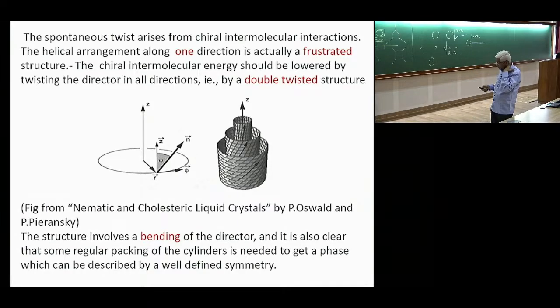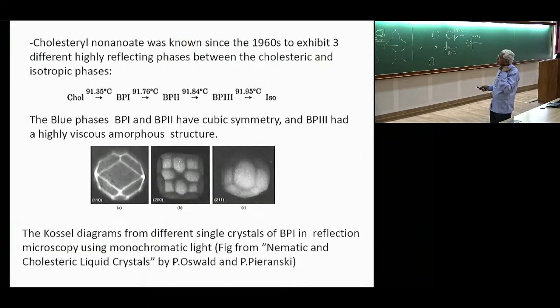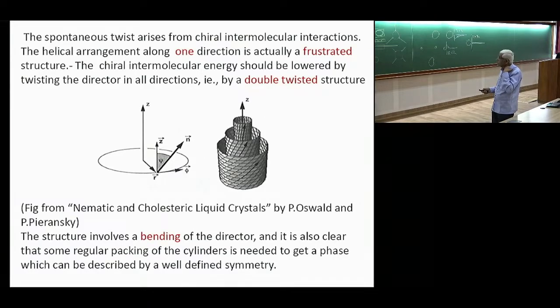But then this double twisted structure cannot lead to a uniform phase, obviously. You see, this goes on like that. The only thing that can happen is such double twisted cylinders should arrange themselves in some spatial organization. Only then this is feasible.